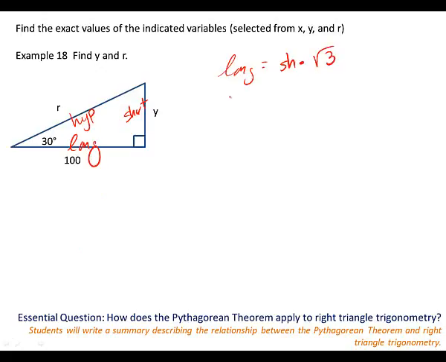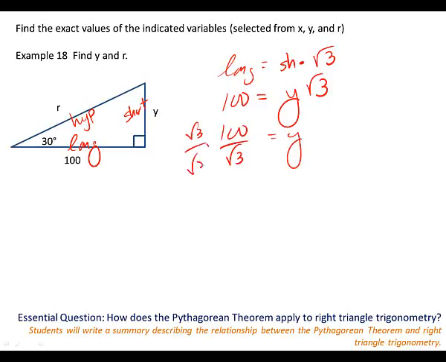Square root of 3. All right, so what is on the long leg right now? 100. Okay, the short leg I don't know right now. It has a y. Okay, and then times square root of 3. How do I solve for y? Good. We're going to divide by square root of 3. We probably would rationalize that. So 100 square root of 3 over 3.